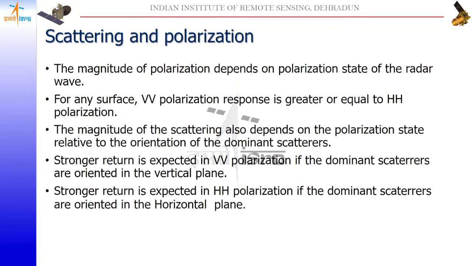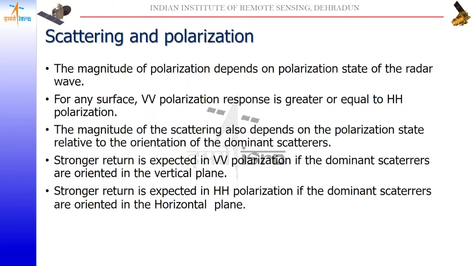The magnitude of scattering also depends on the polarization state relative to the orientation of the dominant scatterers. As I told you, backscatter is determined by the target parameters and the sensor parameters. Among the sensor parameters, polarization also affects the backscatter, depending on whether the scatterer is oriented in the horizontal or vertical direction.